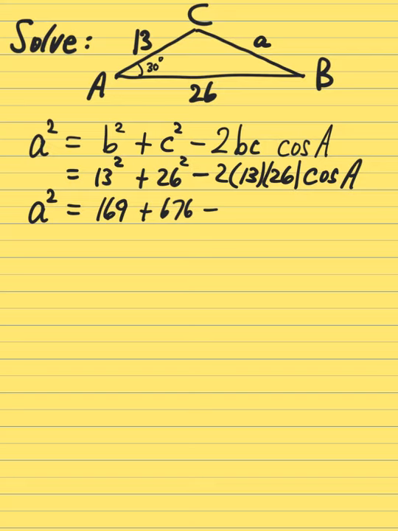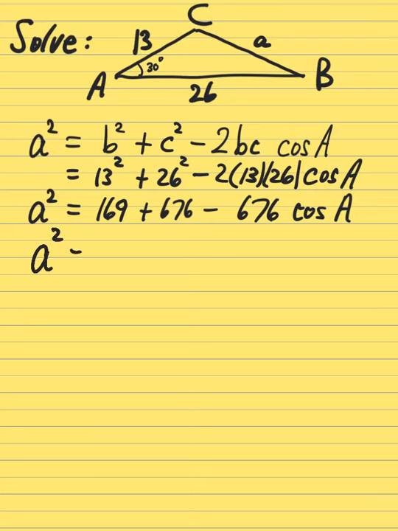That's 676. Cosine A. 169 plus 676. Be careful not to subtract that 676 that's attached to cosine A. We just want to get a total on those first two numbers.